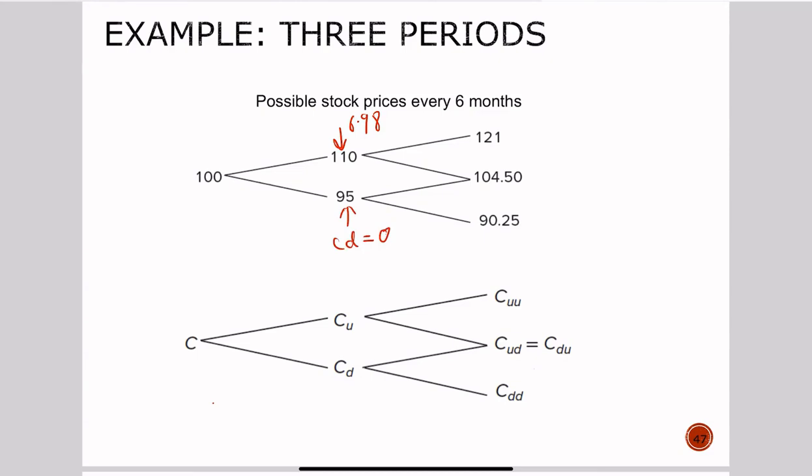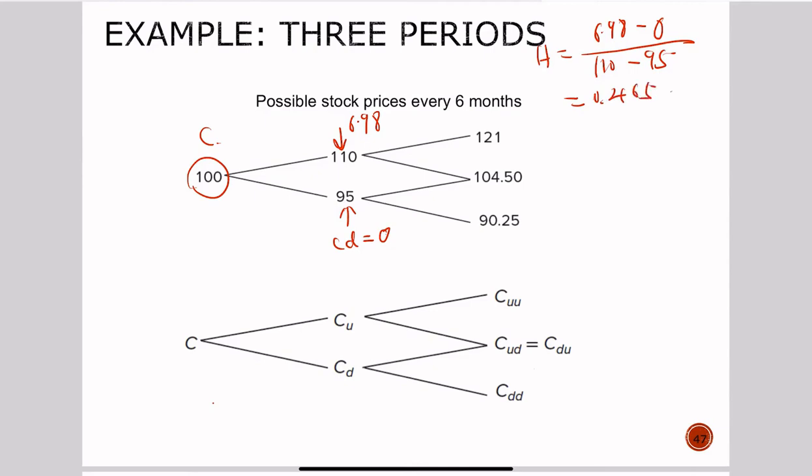Now, we want to go back to find out this guy, right? Again, we will construct a hedging portfolio. So C equals the difference in the call value divided by the difference in the stock. So this gives us a hedging ratio or delta, which is 0.465.